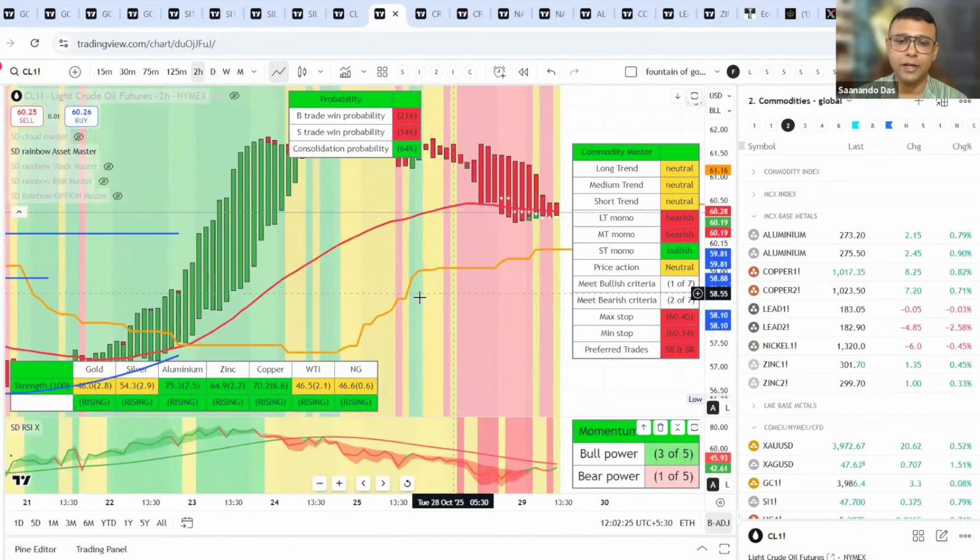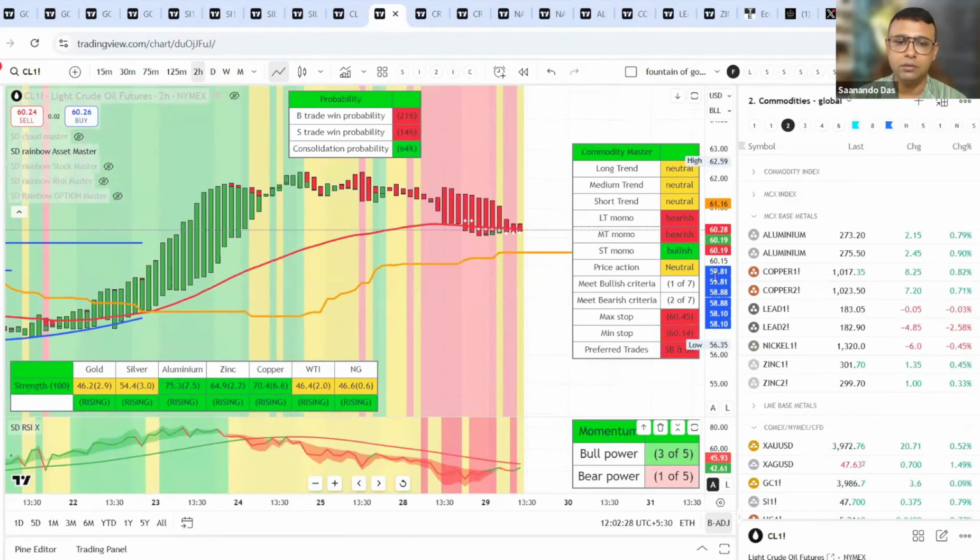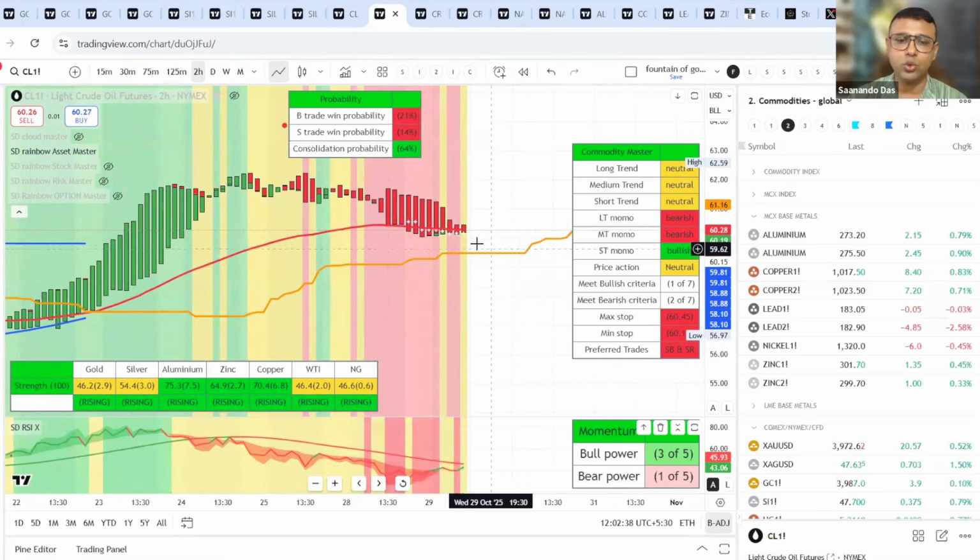In the 2-hour chart of international crude oil, the speed of the sell-off from last night has abated, reduced. It is close to an important support level. I can see more range bound price action.